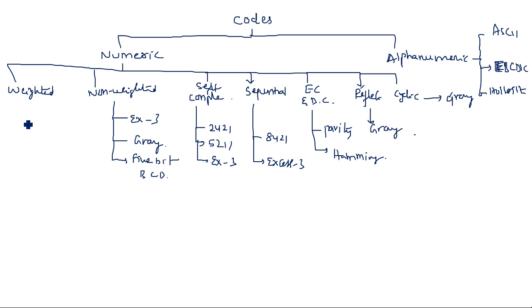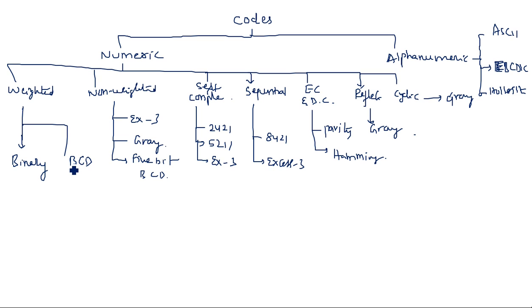Coming to weighted codes, they are again classified into broadly two types. One is binary, another one is BCD, binary coded decimal. The maximum number in BCD is 9.